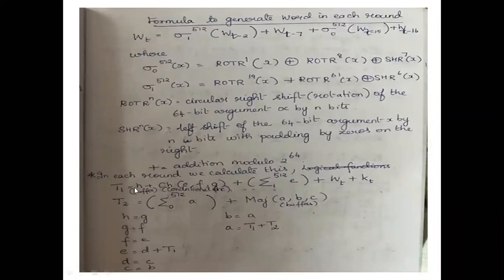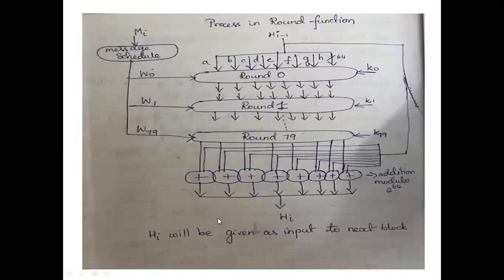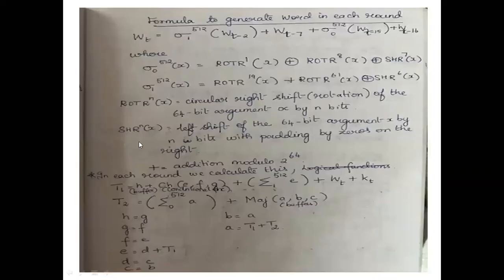In each round, you're going to calculate another formula, because round 0 uses some logical function to do some calculation. Round 1, and likewise each round, will have some values to calculate. We are going to see that now. This is the formula for calculating in each round, round 0, round 1 until round 79.